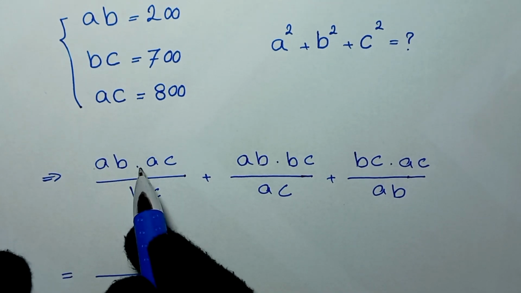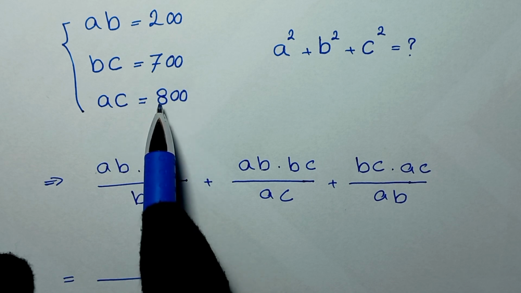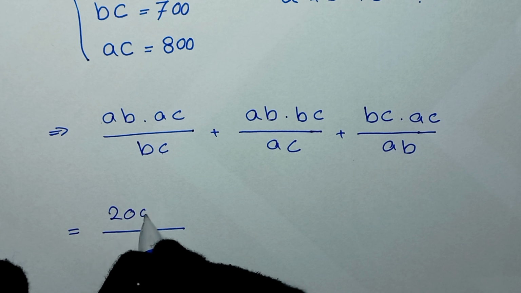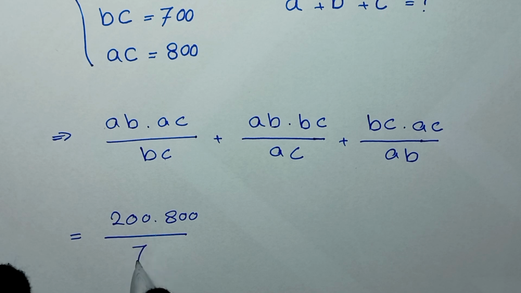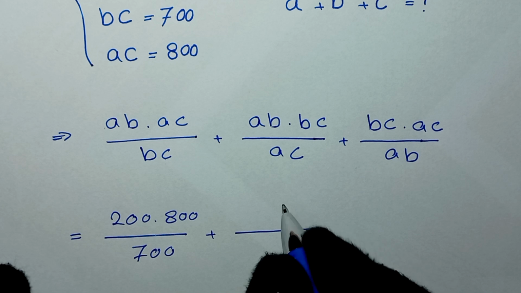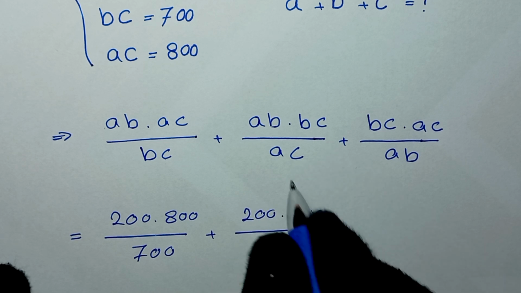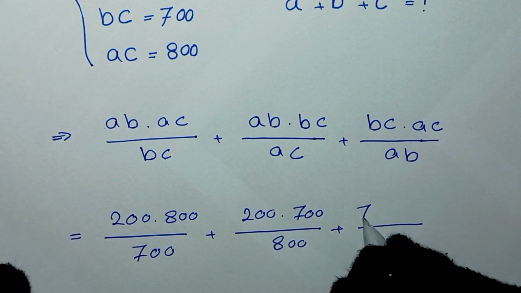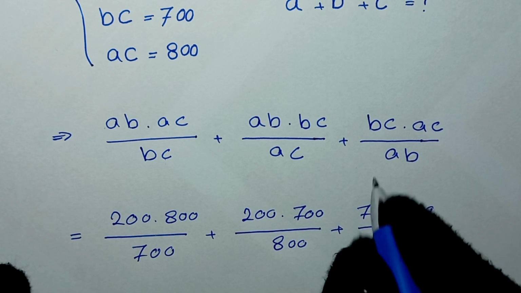here we have AB times AC, which will be 200 times 800, over BC, and BC is 700, plus AB times BC, AB is 200 times BC, which is 700, over AC, 800, plus BC, 700, times AC over AB.